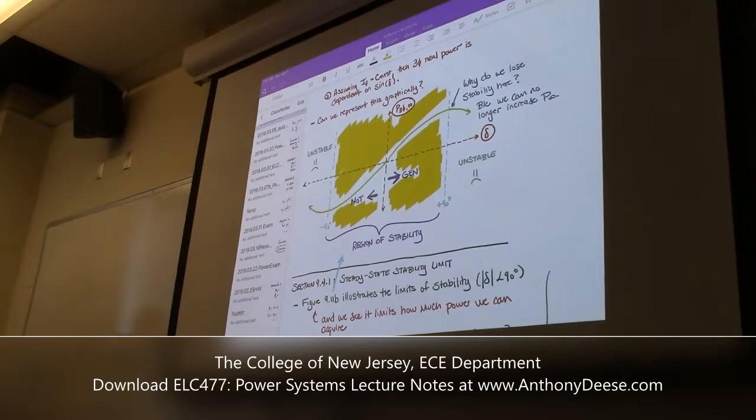We're trying to increase the P gen output, which is causing delta to increase, but we can no longer do that, so it begins to come down. We used the analogy last time of pushing the gas pedal on a car, but beyond a certain point it actually causes the car to slow down, right? That would not necessarily be instability, but it would definitely be an unpredictable way for the car to work. In this case, it causes the instability.